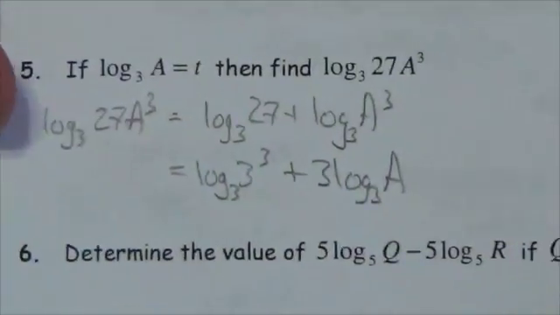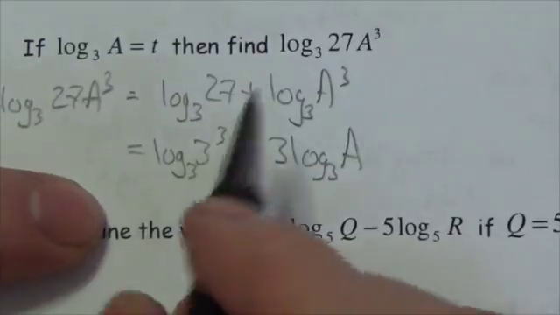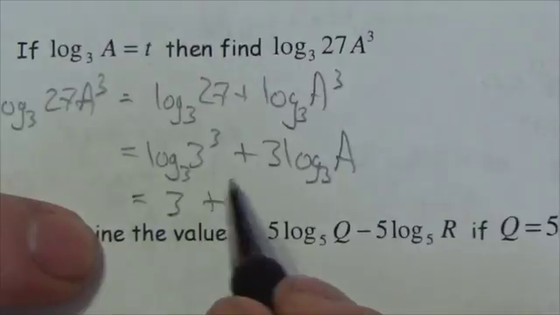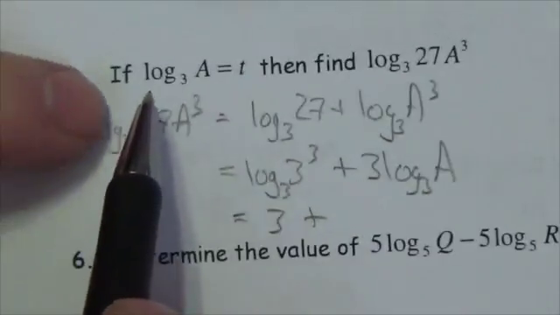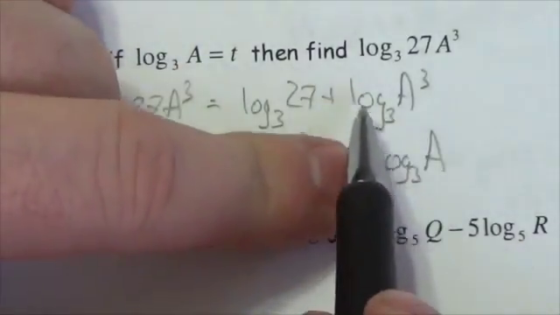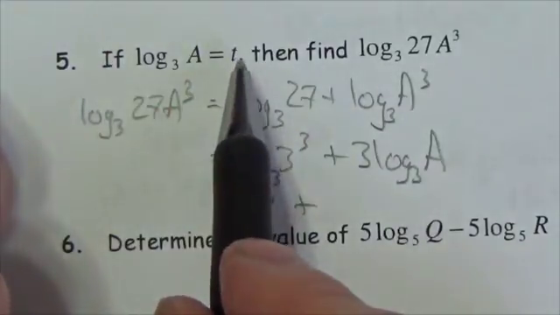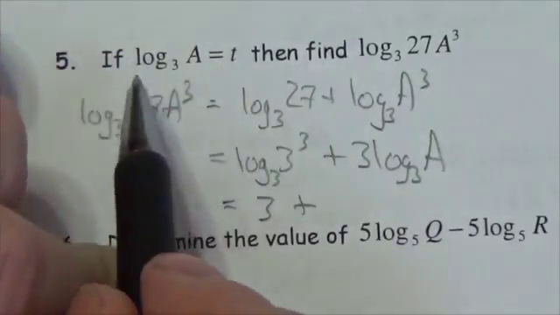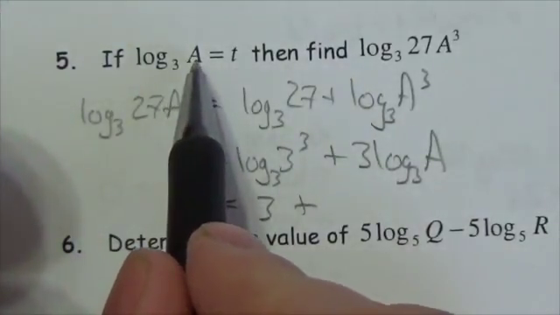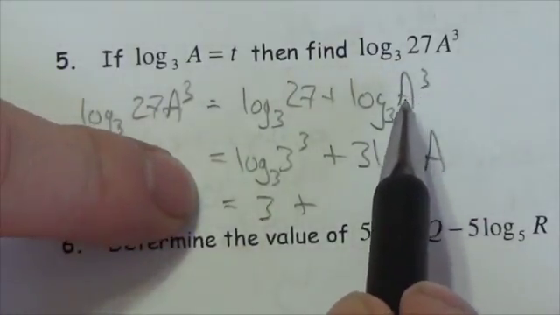Now here's where we can start to do some substitution. First of all, because this is 3 cubed, I know the log base 3 of 3 cubed is just going to be 3. But additionally, I know, based on the question, that the log base 3 of a is equal to t. Now, I couldn't have done that here. I couldn't have made this t cubed, because t is the log base 3 of a, and here the cube is only on a part of that expression.